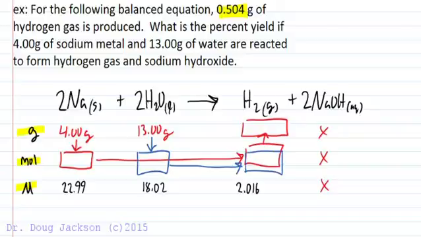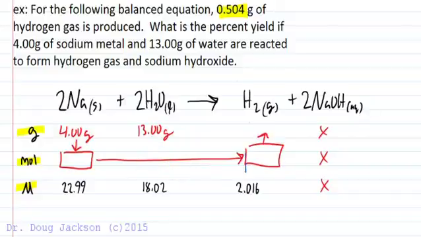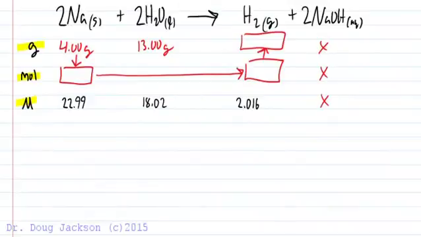So we're going to have to do this process twice because we're in a limiting reagent situation where we do not know what the limiting reagent is. Okay, and so let's do things one step at a time and find what the theoretical yield is if sodium is limiting.